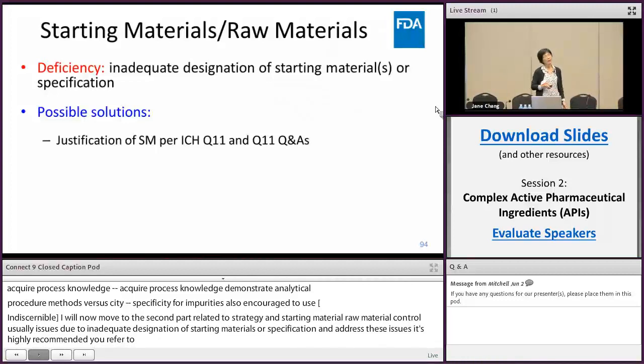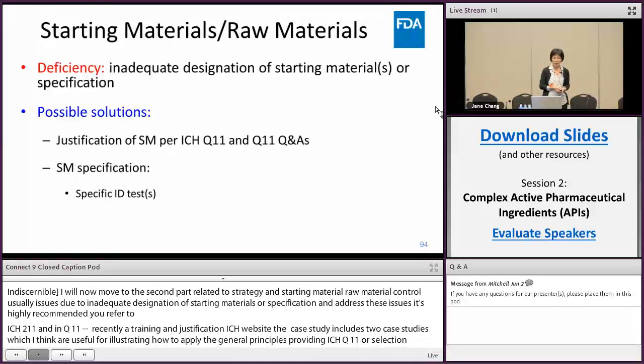The slide deck includes 2 case studies, which I think are very useful for illustrating how to apply the general principles provided in ICH Q11 for selection and justification of starting materials. So if you have not checked it out, I encourage you to do so.